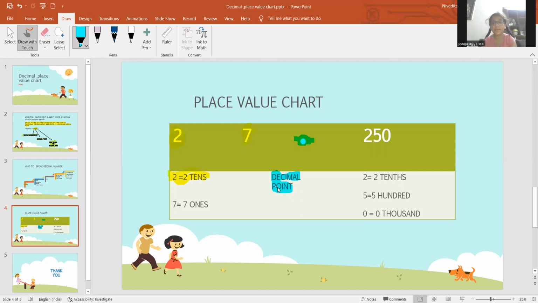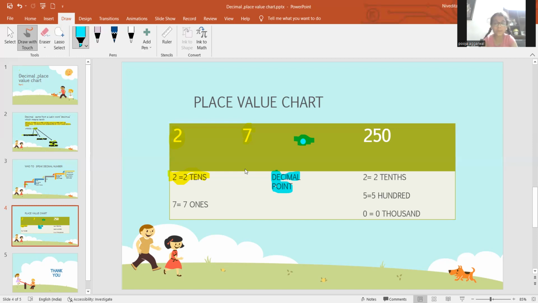The number after the point is the decimal part. So here the number before the decimal is 27, so we will read it as 27.